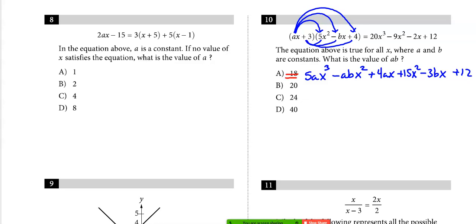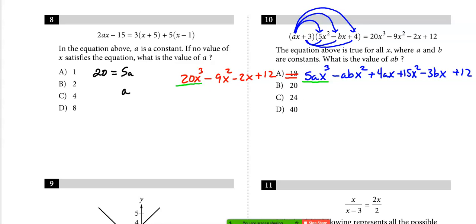I'm going to put equals and put this other piece over here: 20x to the third minus 9x squared minus 2x plus 12. So I want to get both sides to match each other. The first thing that I notice is, to get this 20x cubed to match this 5ax cubed, I need to get 20 to equal 5a.